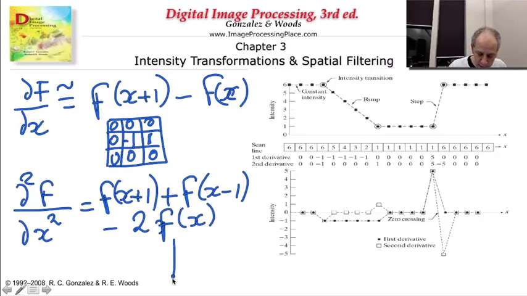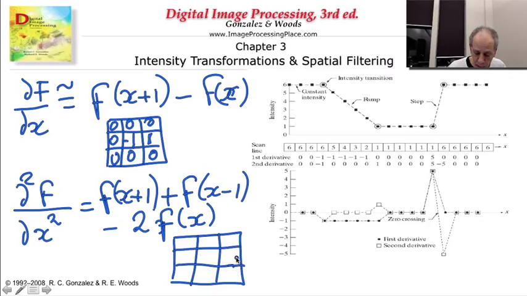And that's once again very simple to do with our ubiquitous 3x3. Now we have a minus 2 here, a 1 and a 1 on each one of the sides representing these two, and then we have 0 every place else.